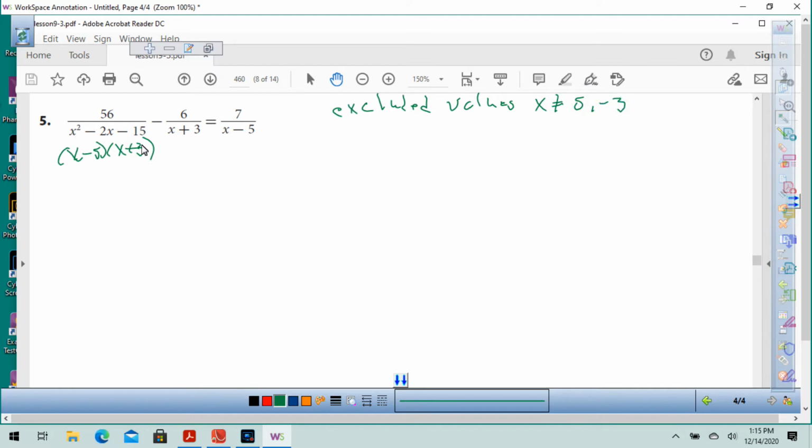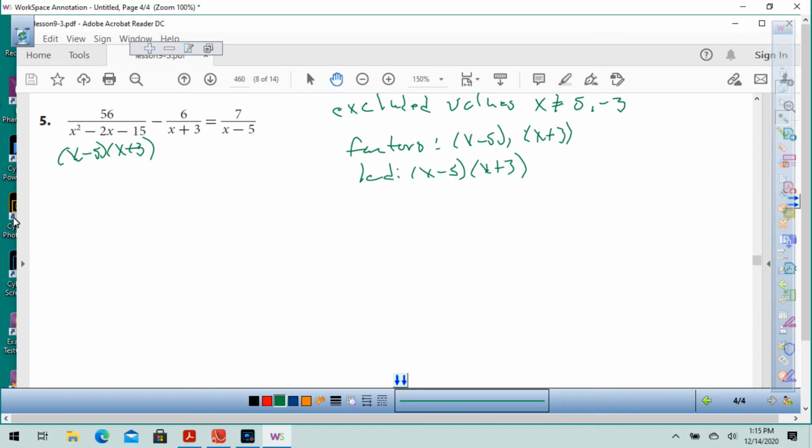All right. Now, so what are my factors? My factors are x minus 5 and x plus 3, that's x plus 3, so those kind of repeat. So my least common denominator is going to be x minus 5 times x plus 3.